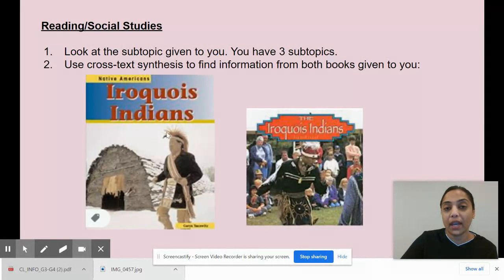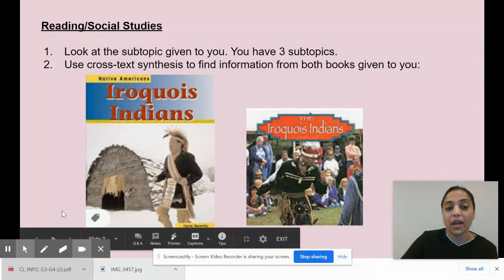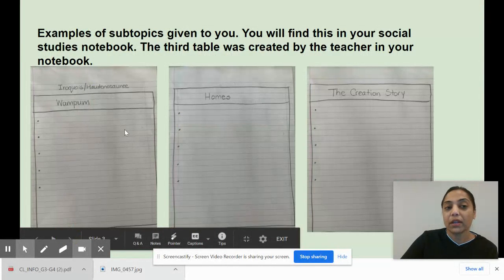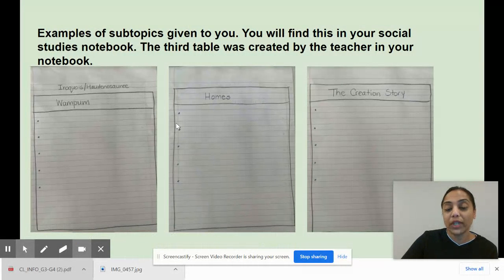These are in your reading folder, okay? And this is just an example of subtopics given to you. So these are in your reading notebook and reading social studies notebook. So find the section that says social studies, find these boxes and bullets. Remember, this is a box and these points that we make here are called bullets.